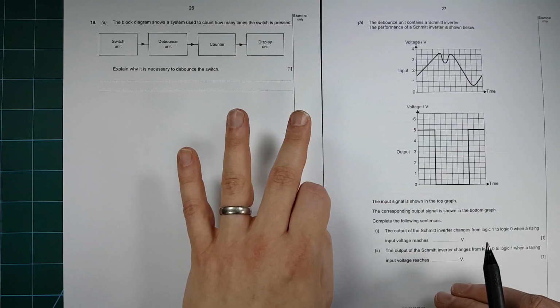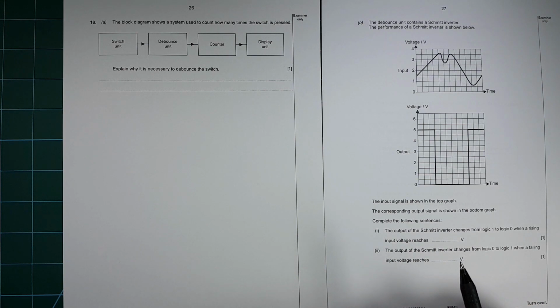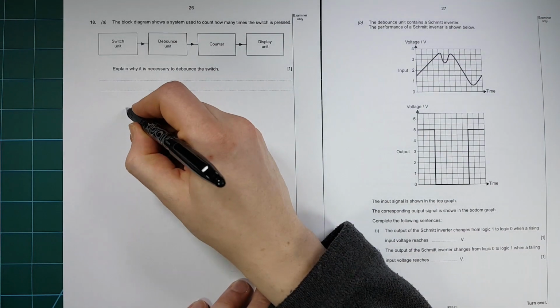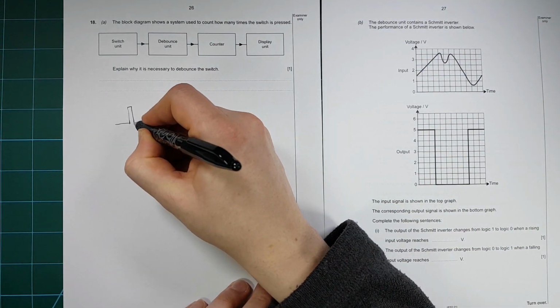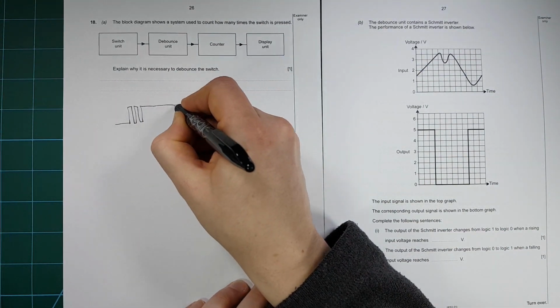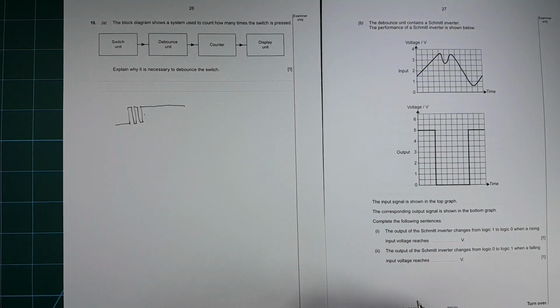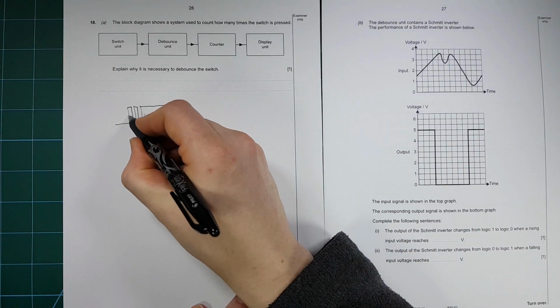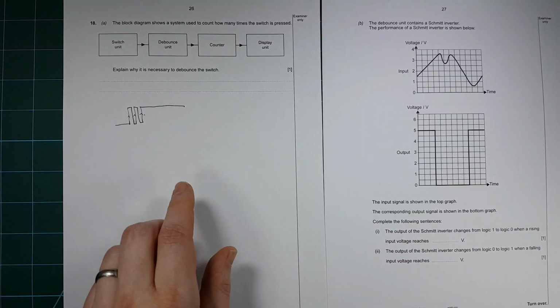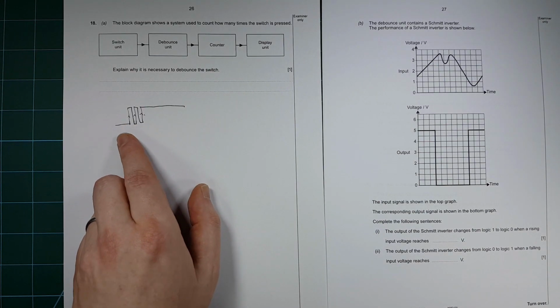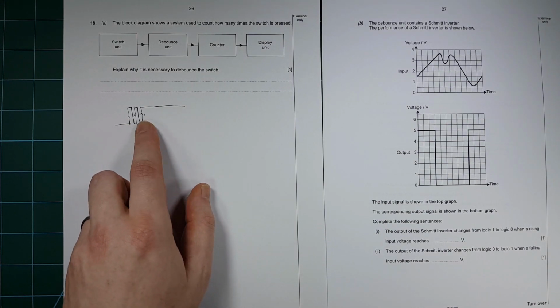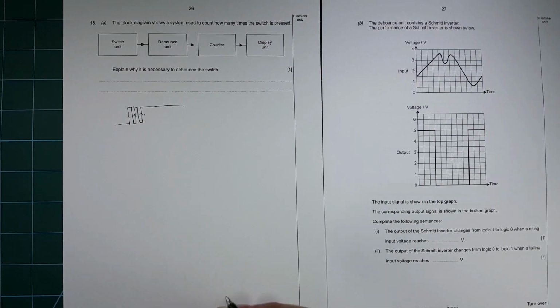Okay. Question 18. The block diagram shows a system used to count how many times a switch is pressed. Explain why it's necessary to debounce the switch. If you think a switch being pushed might go through several bounces, and if you count the rising edges here, then even though you're pushing the switch just once, you would count, in this example, 3 rising edges.